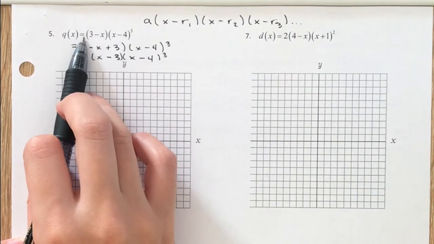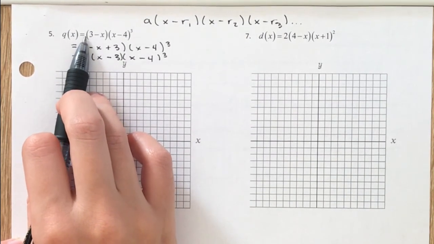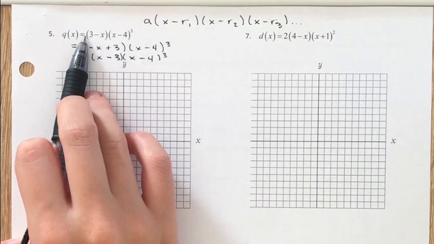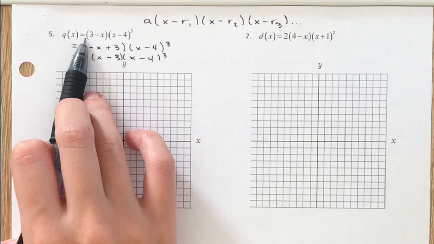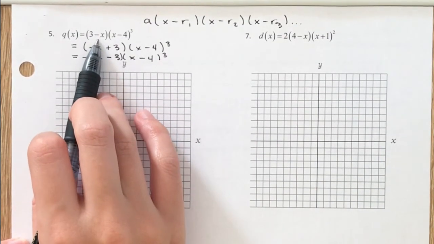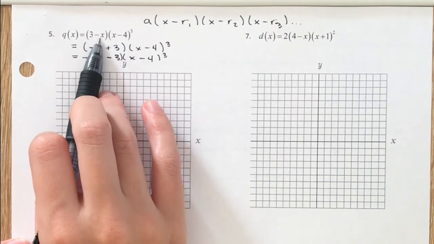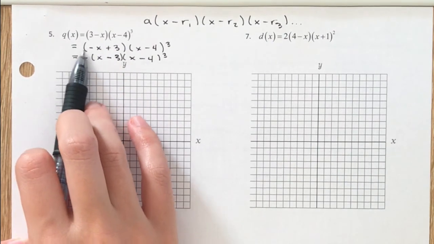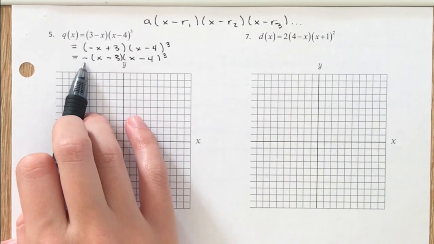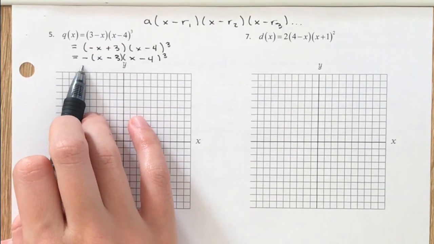If we were looking for the leading coefficient of this on its own, we would say, oh, it's +1, because there's nothing out front. But putting this factor into the proper form gave us a leading coefficient that was negative, and that's going to change our end behavior.